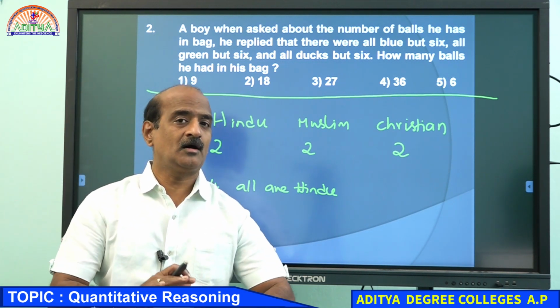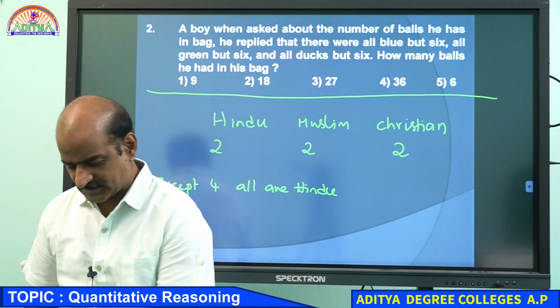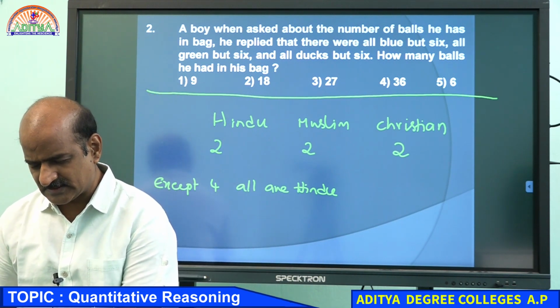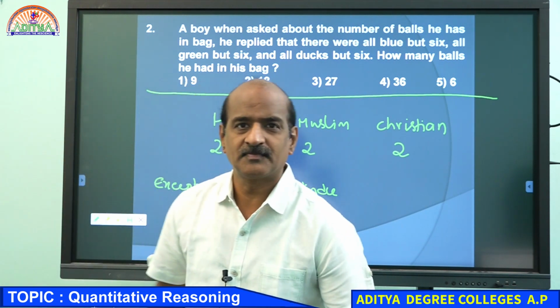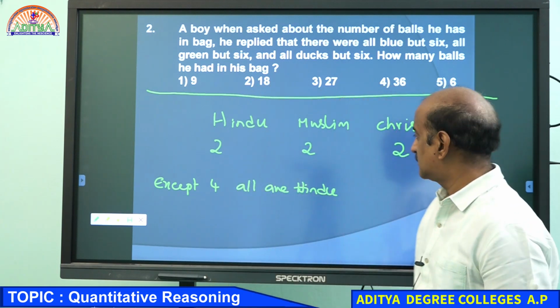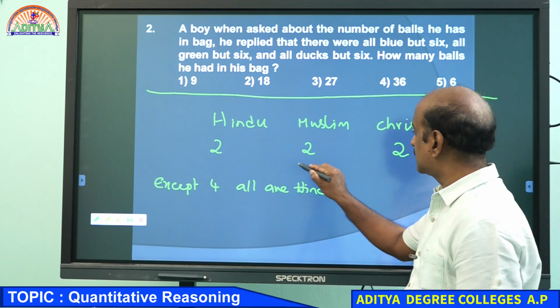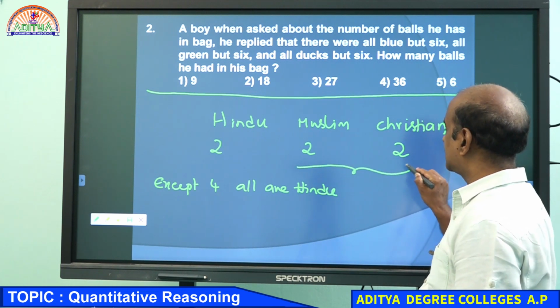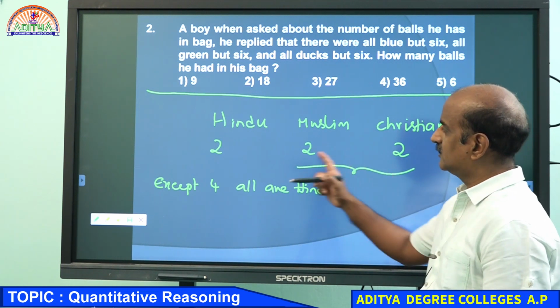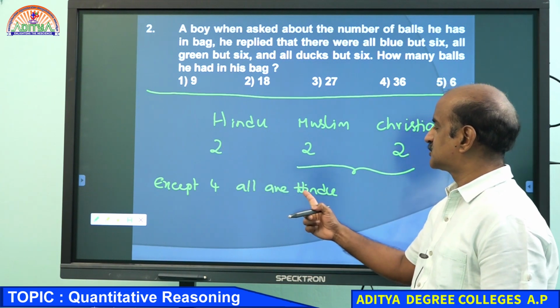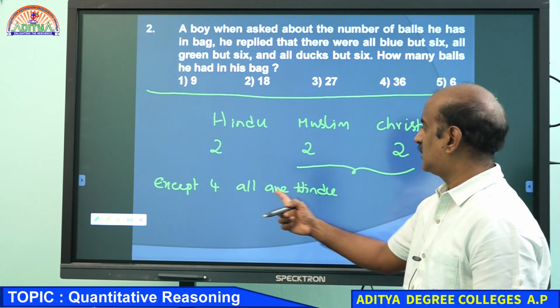Yes or no? You understand how I am able to comment on this? I'm ignoring these four, and I can say that except these four, all the remaining are Hindus only. So, except for these, all are Hindus.